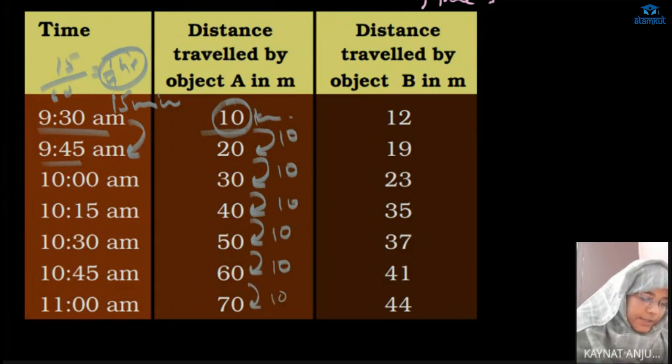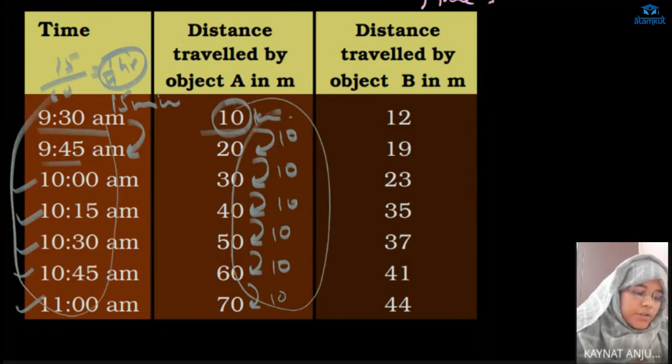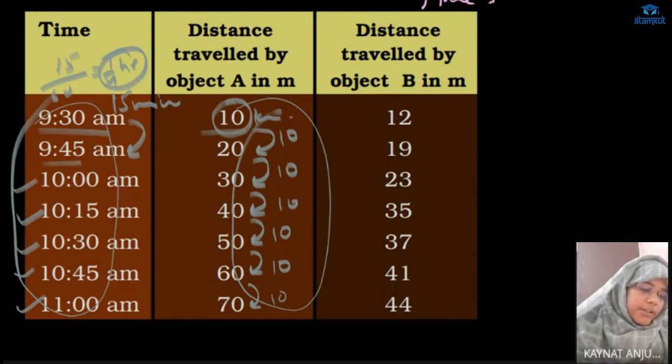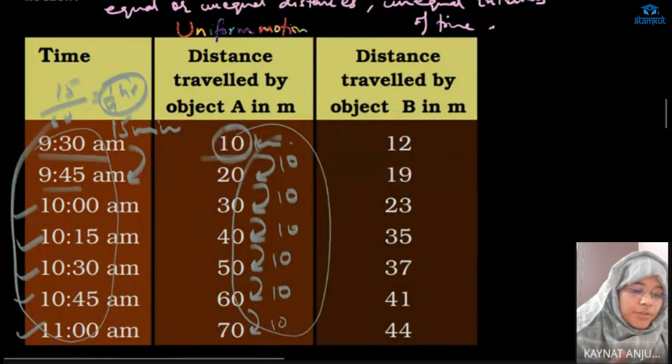Every time the time difference is 15 minutes. So the body is covering equal distances in equal intervals of time. That is why this is uniform motion.